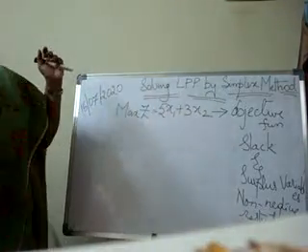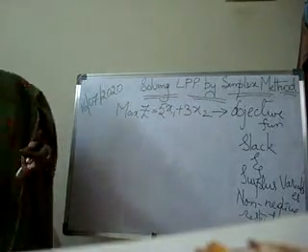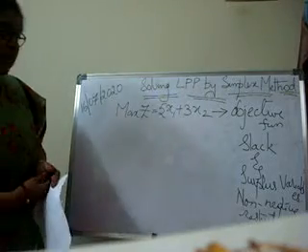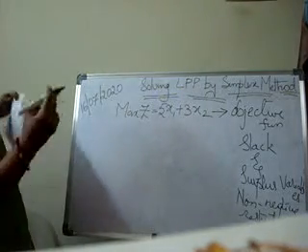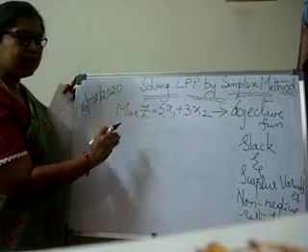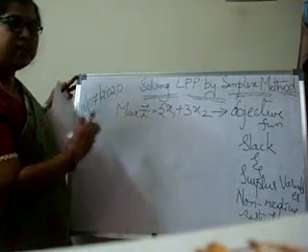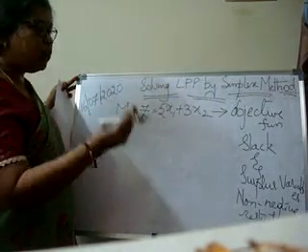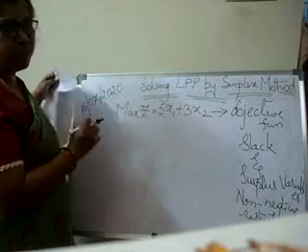First we will convert the constraint inequations into equations. If the inequation is less than or equal to, we will add a slack variable. If the inequation is greater than or equal to, we will subtract the surplus variable.